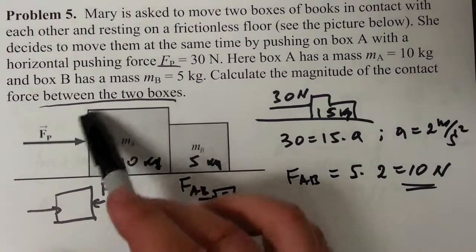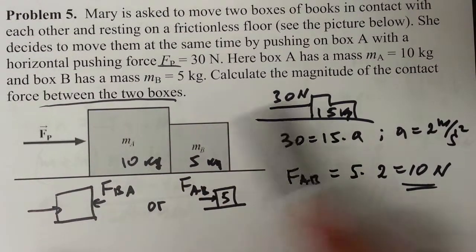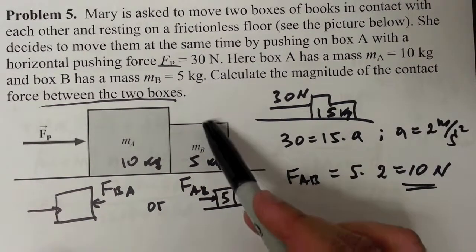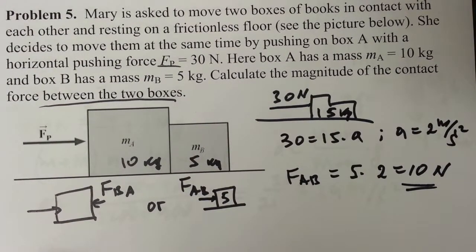Now, if we treat this as a system, there are two horizontal forces acting on it, and this will be the contact force. If we look at this box, there's only one horizontal force acting on it here.